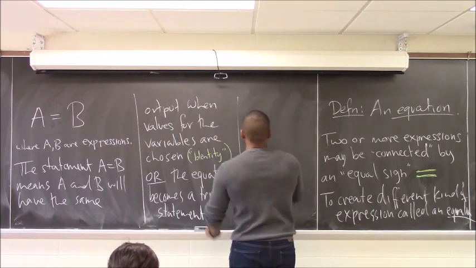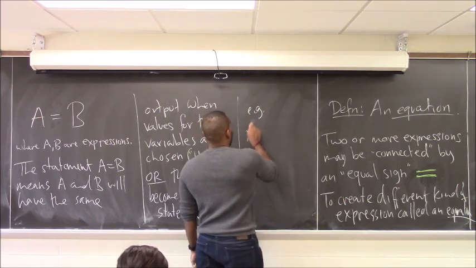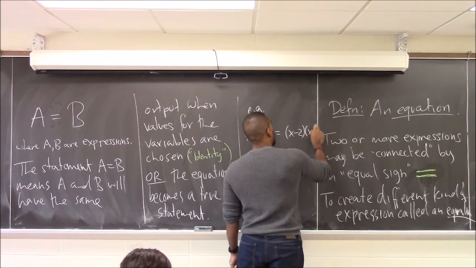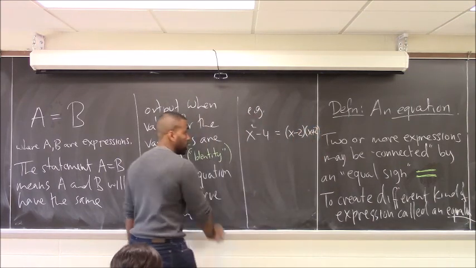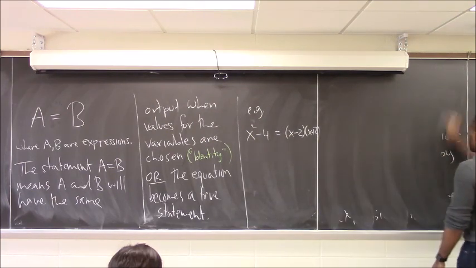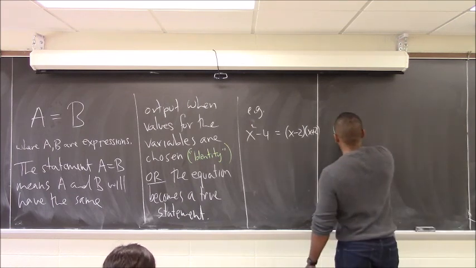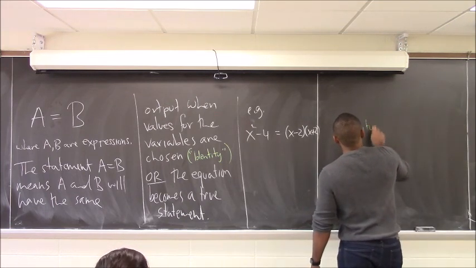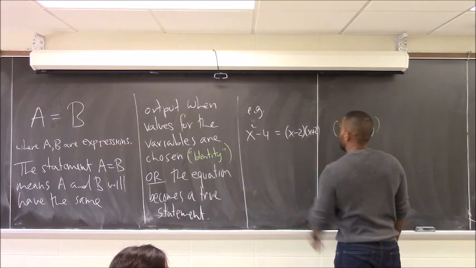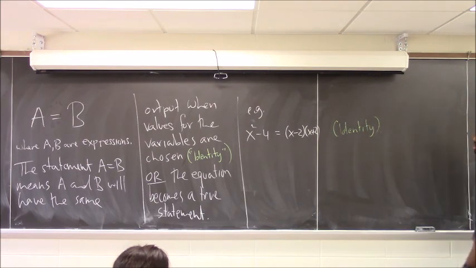So I can say something like x squared minus 4 equals x minus 2 times x plus 2. This is me writing down an equation. This equation is in fact an identity. Both sides will always give me the same thing when I plug in a particular x value. Right? So if I plug in x equals 1 over here and x equals 1 over there and I compute the values, they'll always give me the same value all the time.